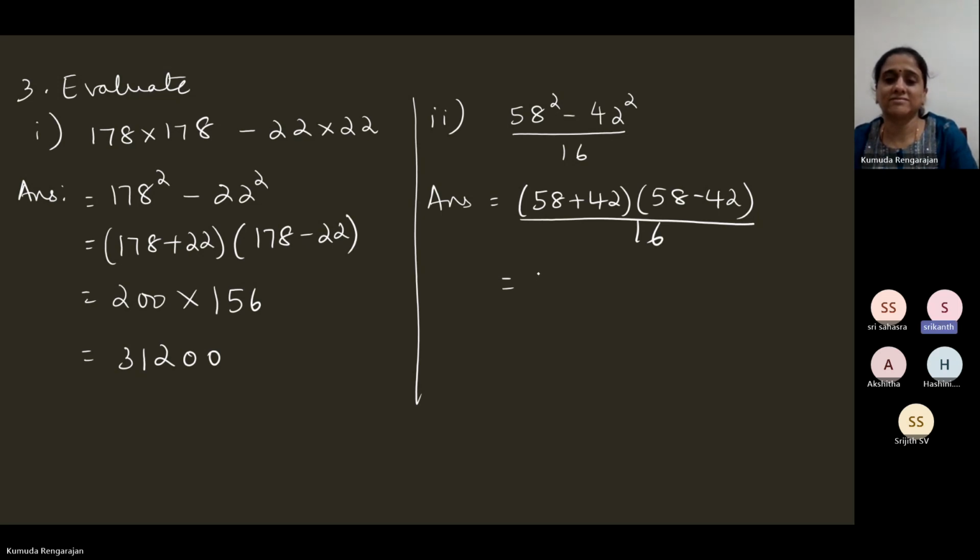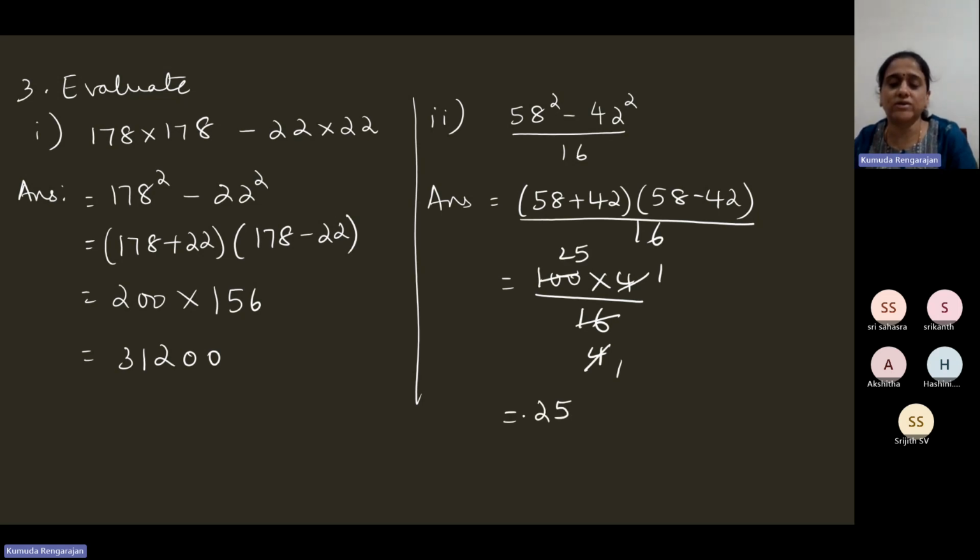Ma'am, 100, ma'am. Into 58 minus 42? Ma'am, 4. By 16. Now simplify. 4 ones are 4, 4 fours are 16. Then again 4 ones are 4, 25 times. So the value of this expression is 25.